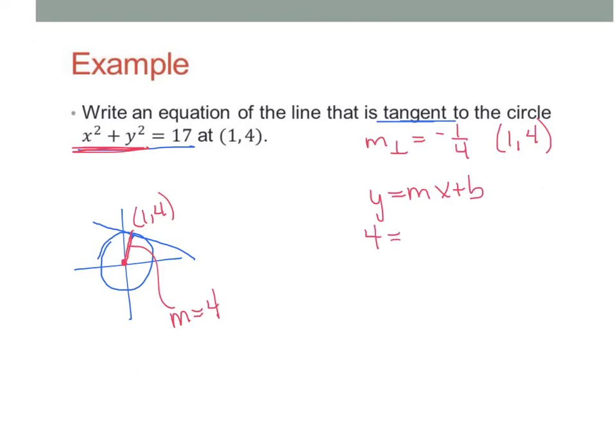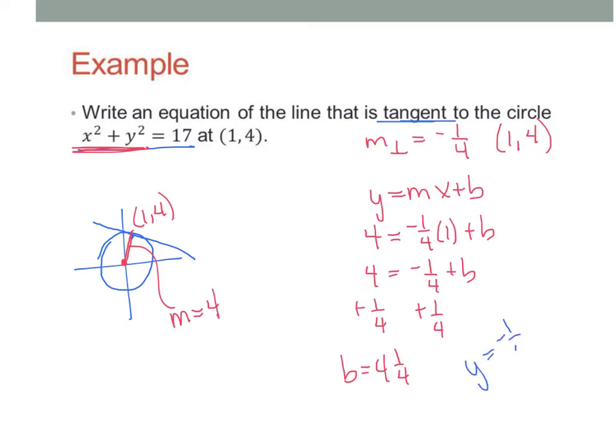So 4 is our y in y equals mx plus b. Looks like we're going to have 4 1/4 as our b. And so then our equation of our tangent line, remembering that we're writing an equation of a line here, is y equals mx plus b.